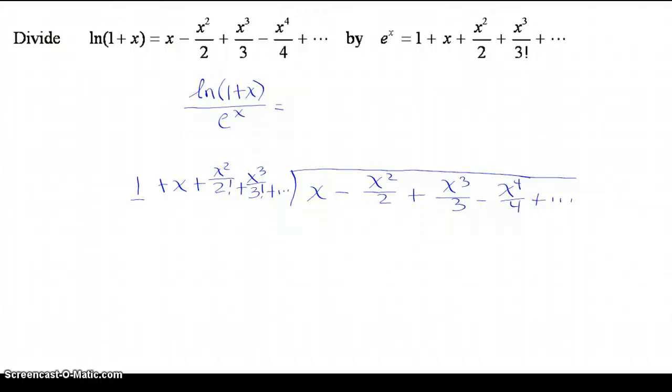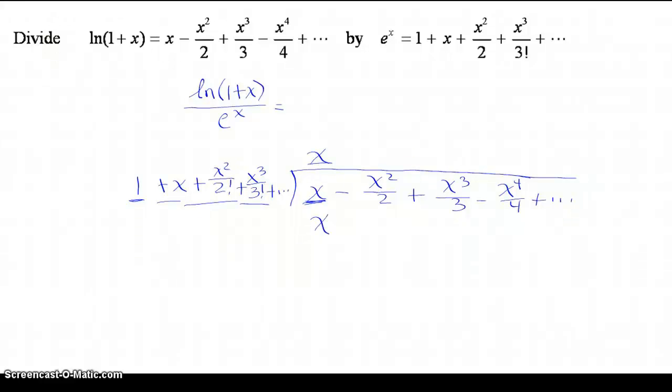So the process for polynomial long division, I look at what's the first term that is outside here. What do I need to multiply it by to make it look like the first term inside? Well, that's x. And then I take this term and multiply it by every term that's out here.